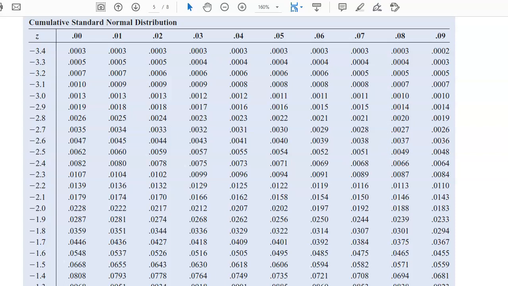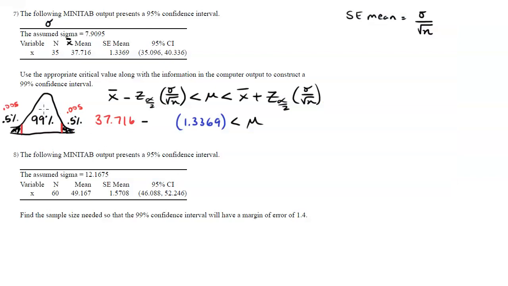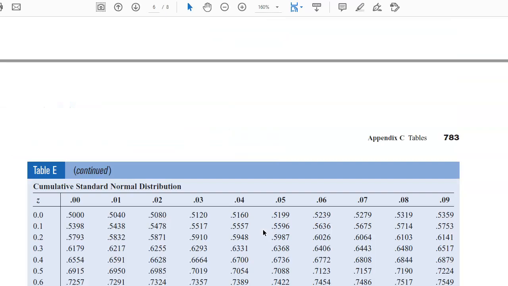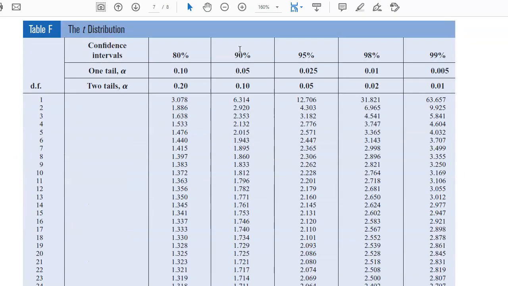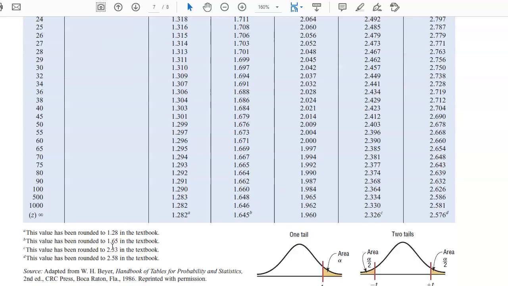The quick and dirty way to do it is to realize that we have a 99% confidence interval, and go all the way down to the t-distribution. Confidence interval, 99%, right? And go all the way to the bottom, and it gives you the z value that you need. 2.576, or 2.58 if we round, which is exactly what we got the other way.